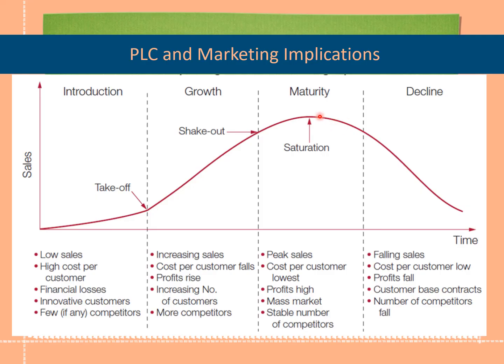And then you also have a stable number of competitors, because by the time the product reaches maturity, there are some competitors that did not successfully go through this particular stage.